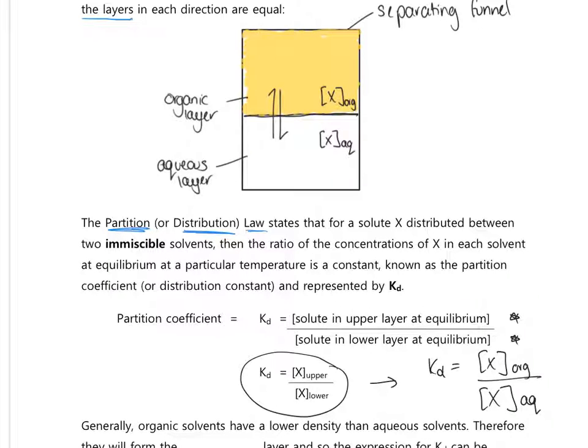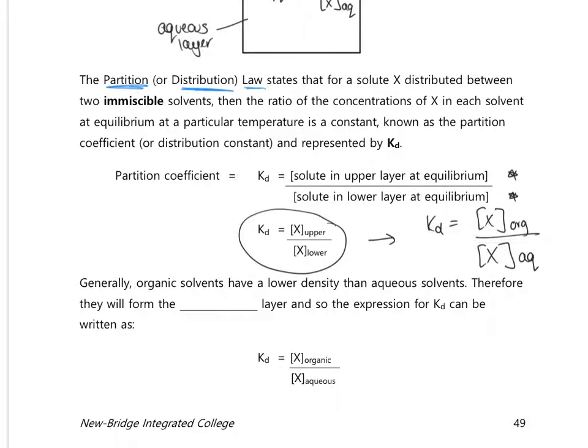And that's written down below at the bottom of page 49. So why is this equation the same as this equation? Well, it's because the organic solvent usually has a lower density and so forms the upper layer.